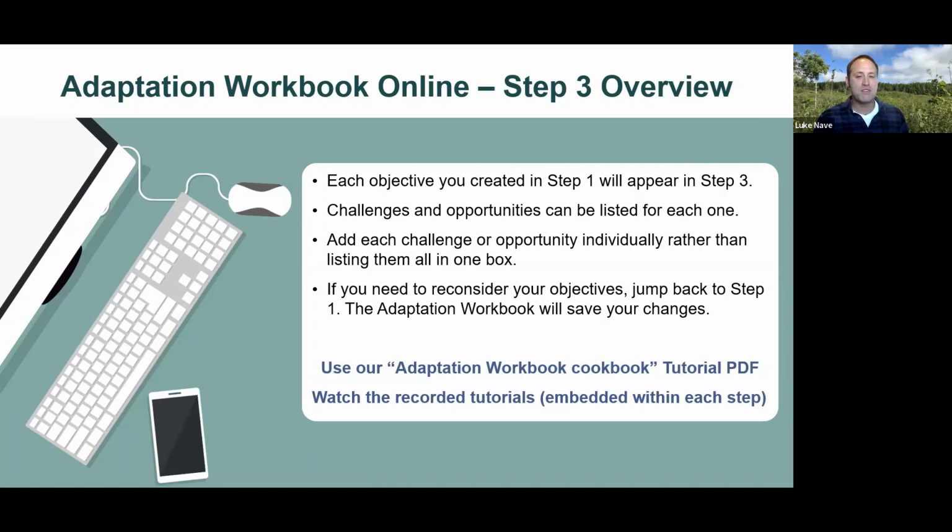An important part of using the workbook is to be explicit and to really parse out individual thoughts that you're having. And as you go, if you realize you need to reconsider those objectives, you can go back to step 1 of the workbook, and it's smart enough to save your changes for you.